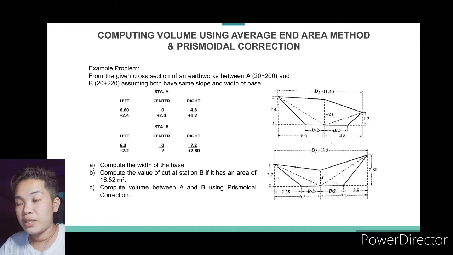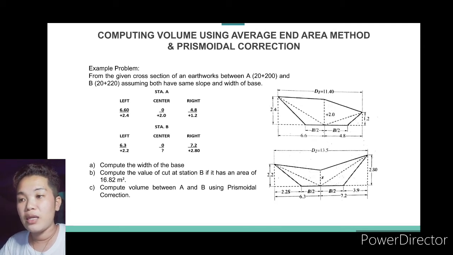And for the next problem, computing volume using the average end area method and prismoidal correction. From the given cross-section of an earthworks between A, position 20 plus 200, and B, position 20 plus 220, assuming both have the same slope and width of base.